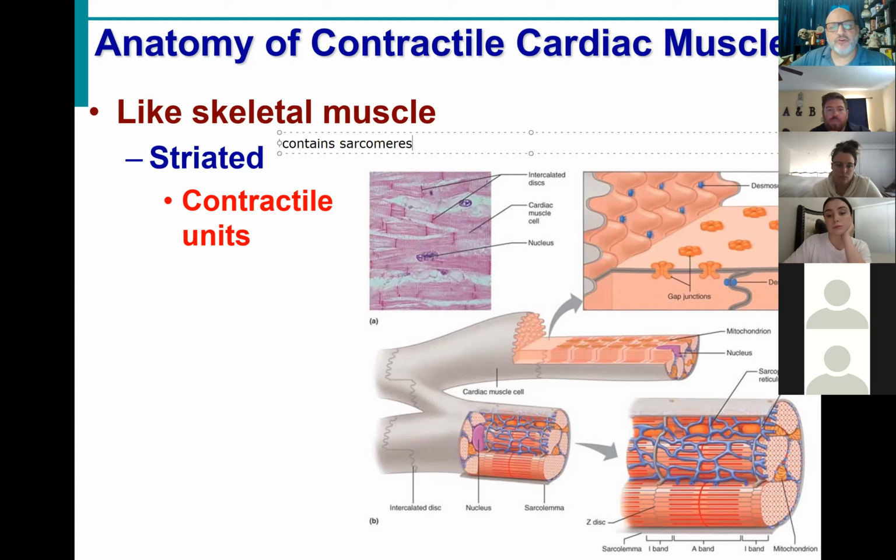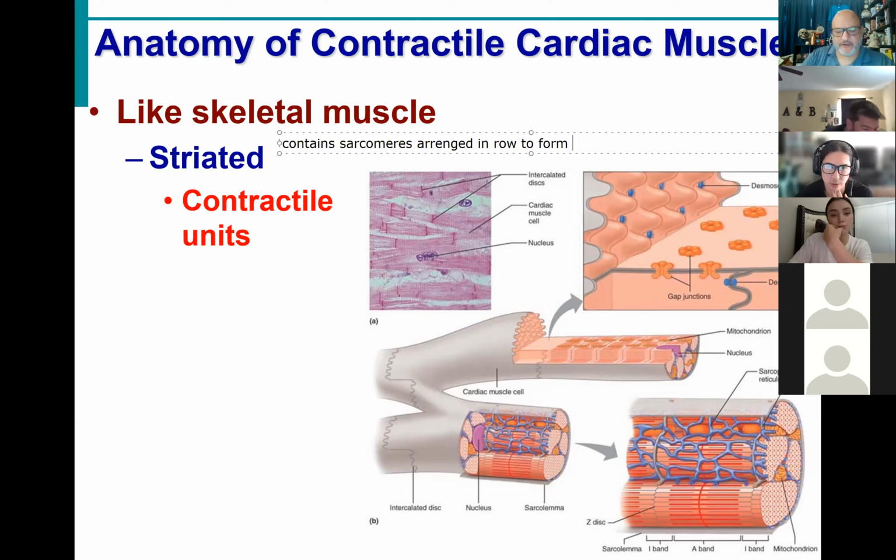Sarcomeres, remember, are those functional and structural units that allowed skeletal muscle to contract. And of course, we know that they are arranged in a row to form a special organelle known as the myofibril.